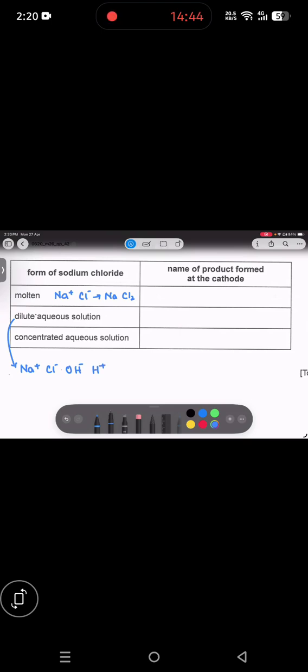We have to check the condition of dilute here. In the case of dilute, the chlorine will not be discharged. Hydroxide will give off oxygen gas. And in the case of sodium and hydrogen, the sodium will not be discharged, the hydrogen will come out from the solution. Okay, remember one point here again.